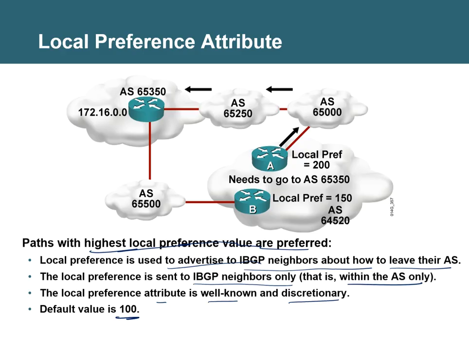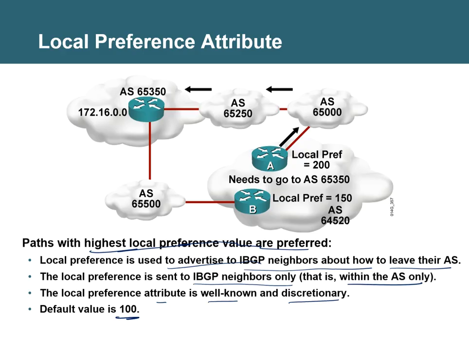It can be from Cisco or Juniper or Huawei or ZTE or Palo Alto. Every vendor who runs BGP has local preference. But if it is there, it will use it. If it is not there, it will decide based on some other attribute. It's not going to say this update is invalid because it's not there.